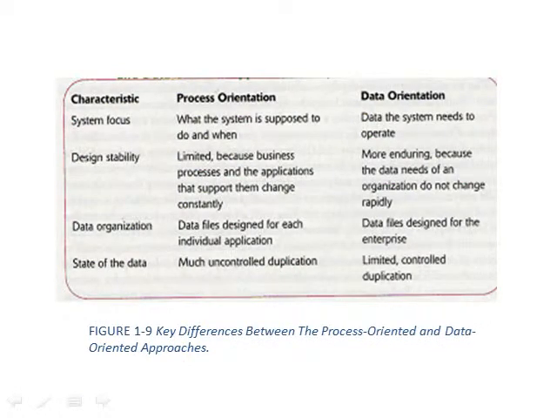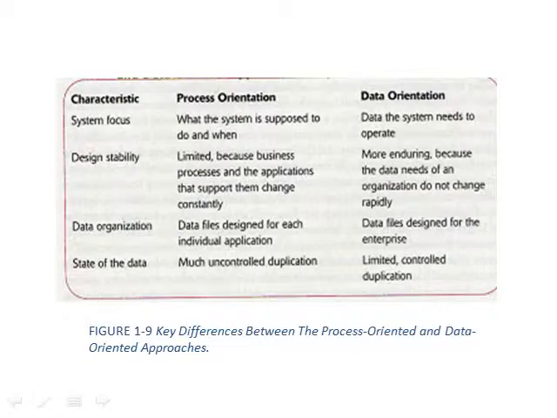And so figure 1.9 here just really gives us the key differences between process-oriented and data-oriented approaches. And I point you out again to the fact that under the state of the data, we have under the process-oriented much uncontrolled duplication, and that was our personnel data that we just looked at, right?